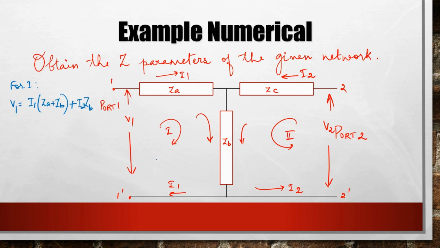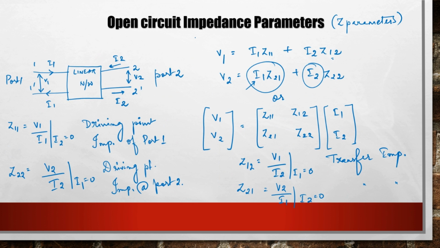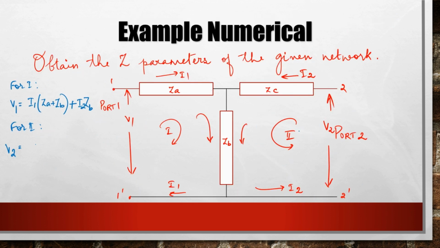So this is for loop 1. Looking at loop 2, I can say V2 is equal to, let me put I1 first, because the previous equation has the I1 term first and then the I2 term. So looking at this, I1 into ZB plus I2 into ZC plus ZB. So these are the two KVL equations.